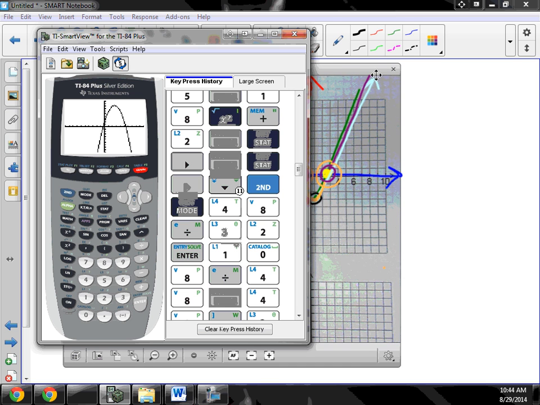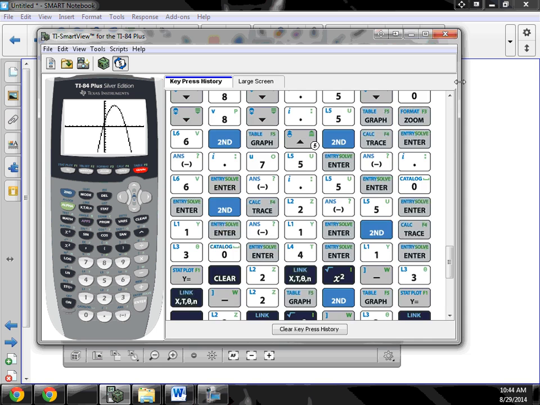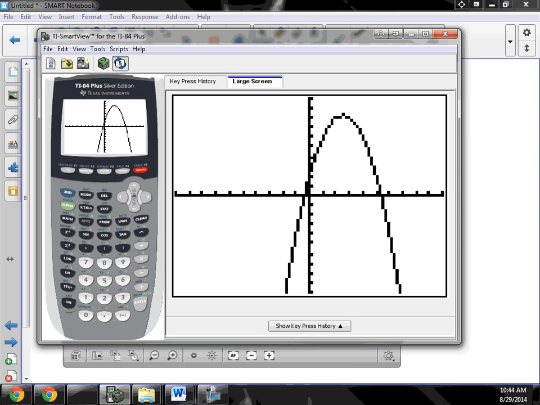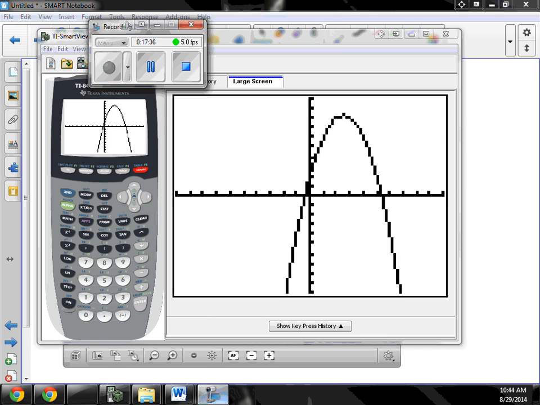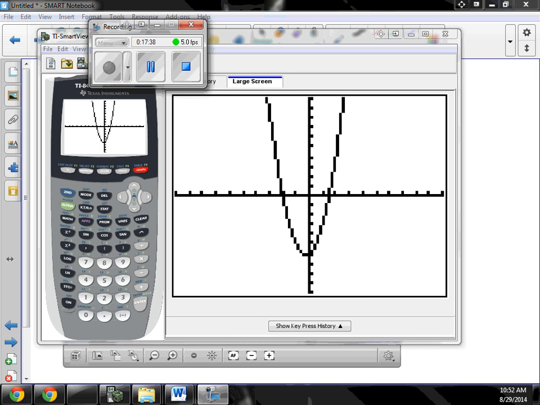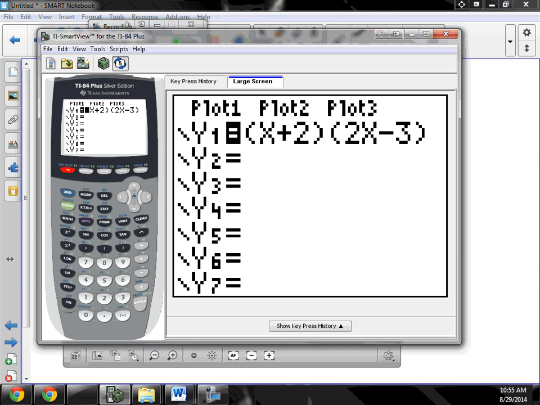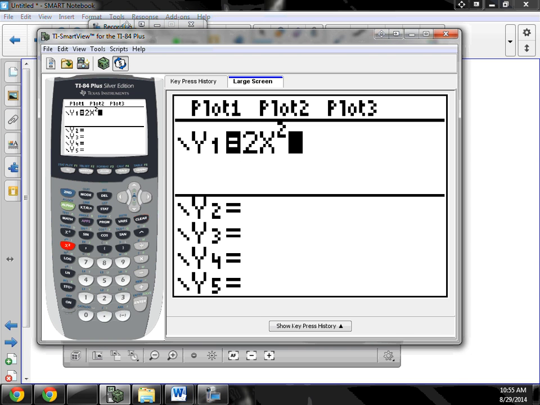Okay, there is the graph for the next one. So here is the picture for the third problem. I'll put the fourth problem up in just a minute. Okay, look at the fourth problem. I'll type in the fourth equation and see what the graph looks like. 2x squared minus 7x plus 6.